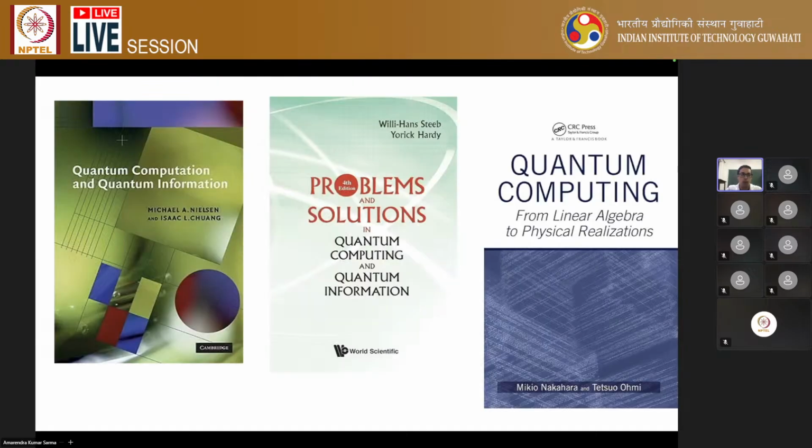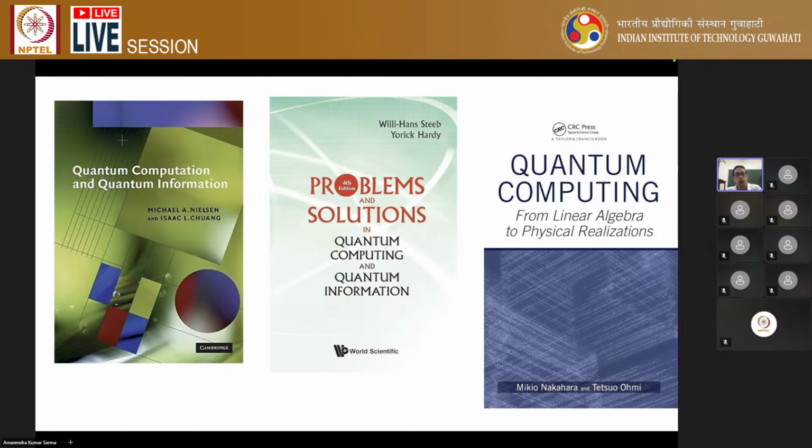Okay, these are the books that I would like to mention in particular to your query. You can look at the Nielsen and Chuang book on quantum computation and quantum information. If you have done this course, then this book would be pretty easy for you. Then there is Problems and Solutions in Quantum Computing and Quantum Information.